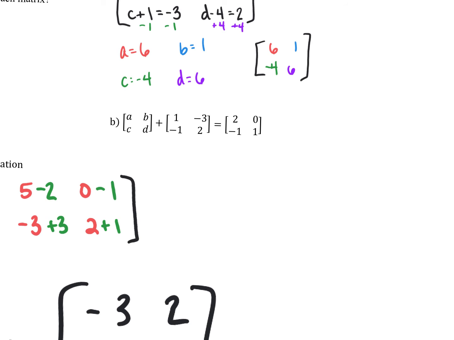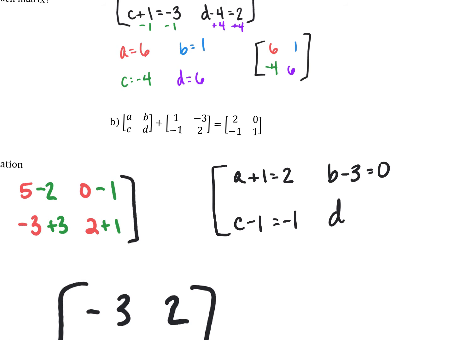We have A plus 1 has to equal 2. B minus 3 has to equal 0. C minus 1 has to equal negative 1. And D plus 2 has to equal positive 1.